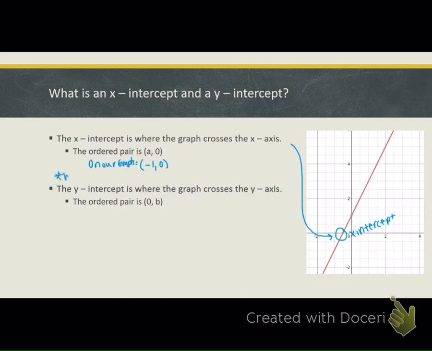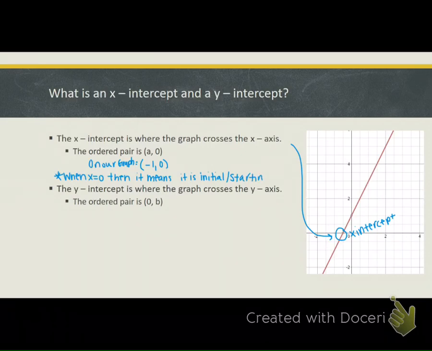Real quick, when x is 0, it is the initial or starting amount, whatever the unit is.